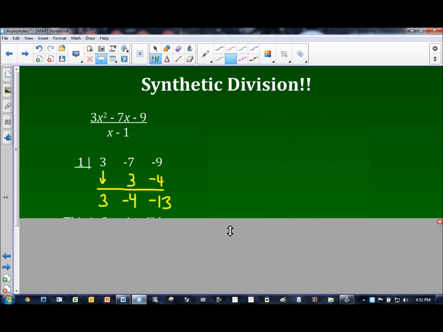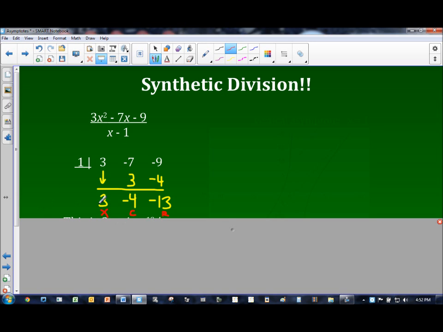But what does it mean? Well, this last number here represents my remainder, so I put a little r there. Then working to the left, my last number is always the remainder, and the one to the left of that is always my constant. Then I've got my x's, and if I had more numbers, those would be my x squareds and my x cubes.